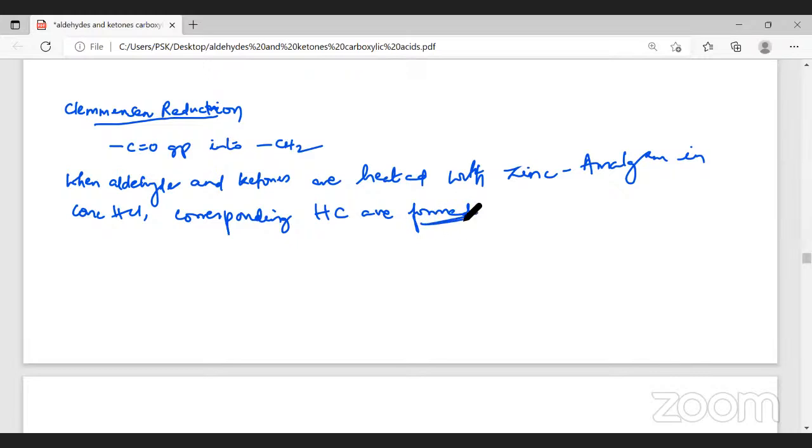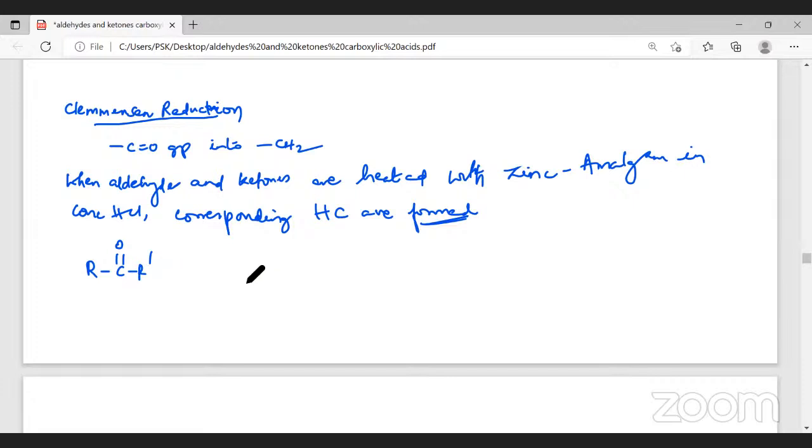Now, when we say corresponding hydrocarbons are formed, you know that molecules containing only carbon and hydrogen are called hydrocarbons. Now, for an aldehyde and ketone, the general representation we will write like this: R dash. It can be an aldehyde or a ketone. If R is hydrogen, it becomes an aldehyde. If R is other than hydrogen, they will become ketones.